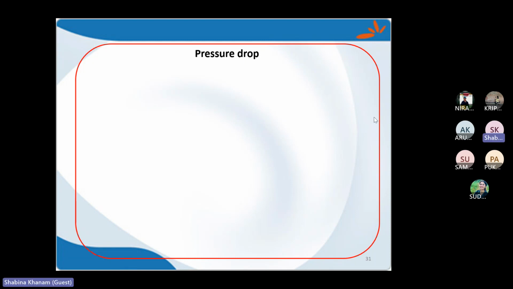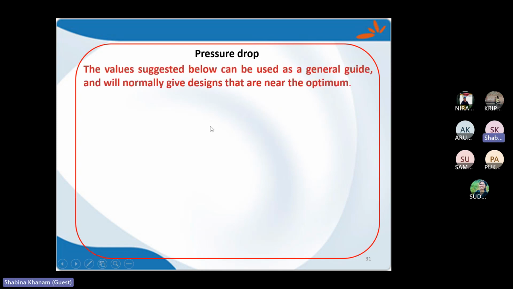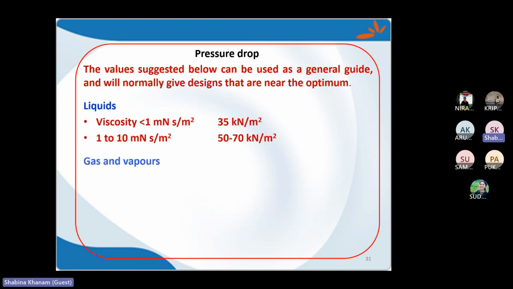Yes. So actually, when we consider this, another parameter is the pressure drop, which you need to bring to the feasible range, and that condition is when I'm having the liquid. It depends on the viscosity.